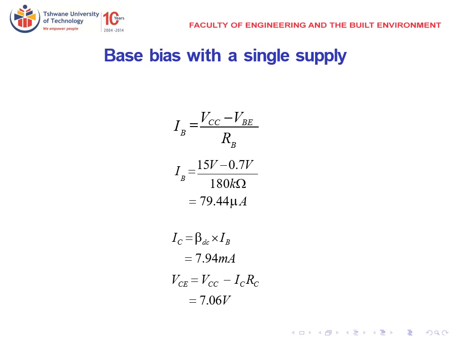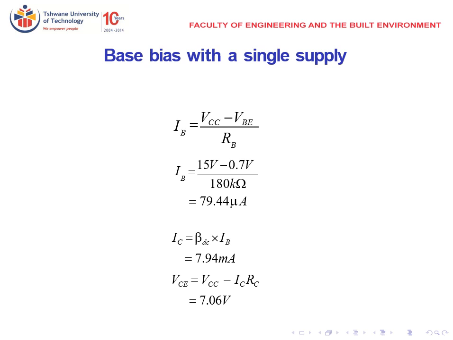So IB will be equal to VCC minus VBE divided by RB. How did you get this? Total voltage is VCC. We have a voltage drop across your resistor RB, and then we also have another voltage drop across the base emitter.